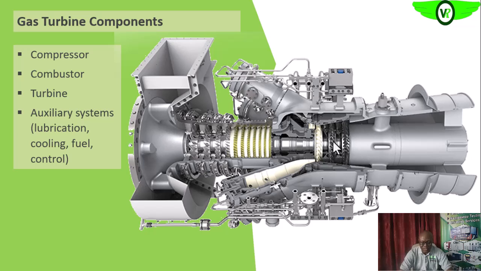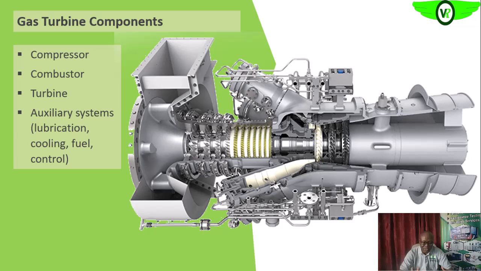But for these three components to function properly, we have other auxiliary systems or components, and that's the lubrication system. Since we have rotating parts, definitely we need to lubricate those points of contact, where the rotating part, which is the rotor in this case, has to be turning within its axis.